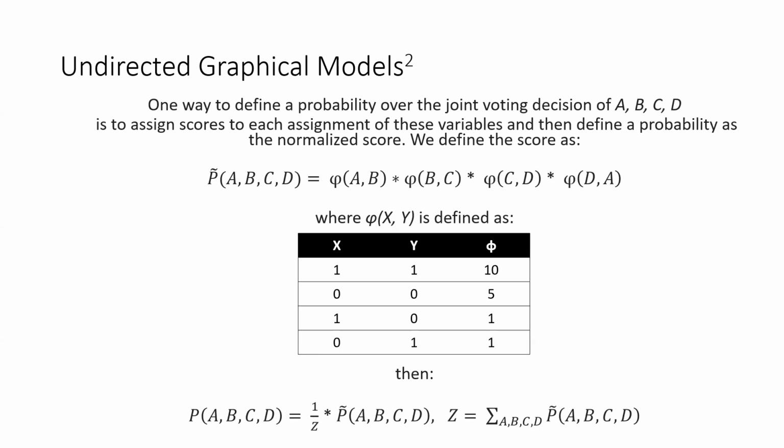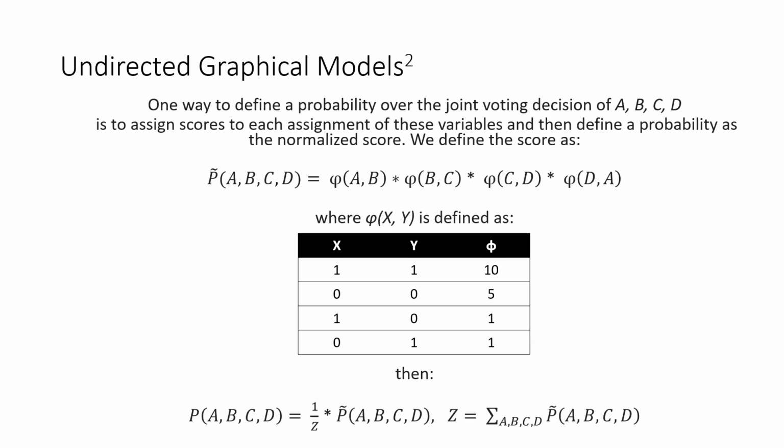Now, as you can see, defining these potential functions is a hard problem. It needs domain knowledge, and even if you cannot define these functions exactly, you have to define some functions with parameters that you can learn.